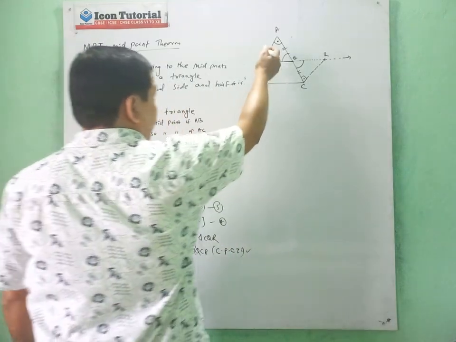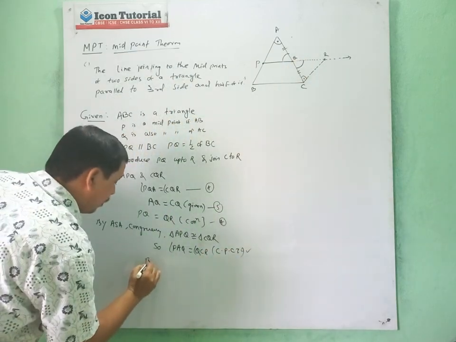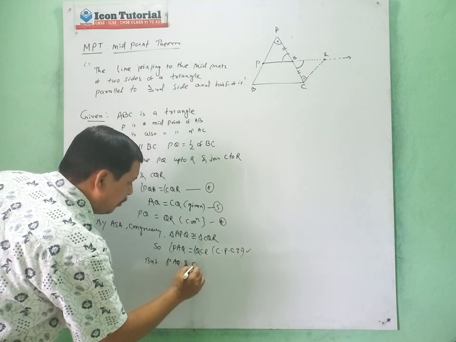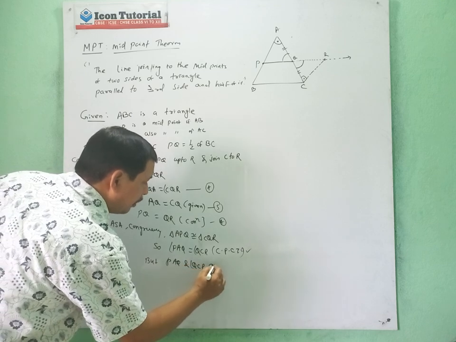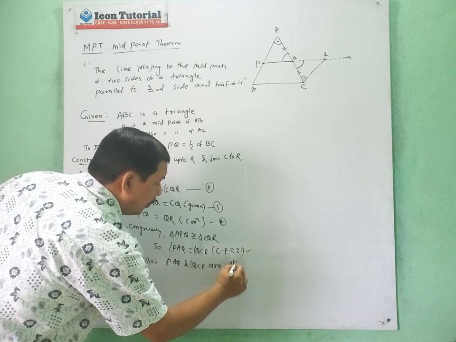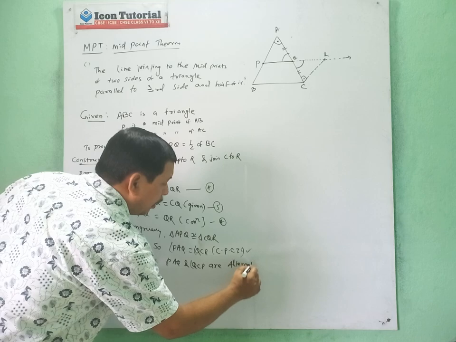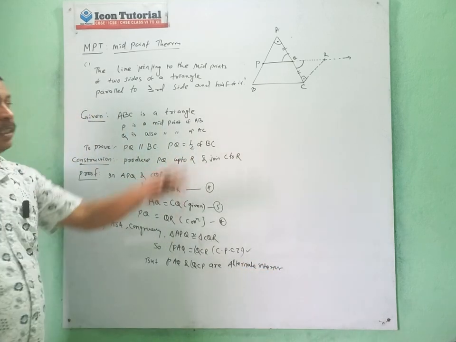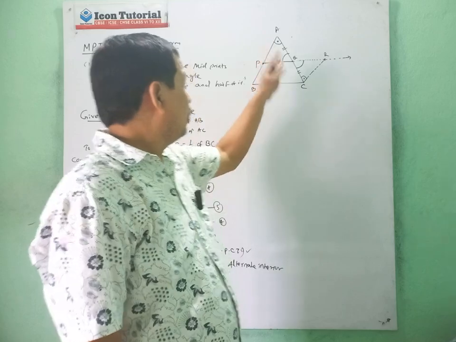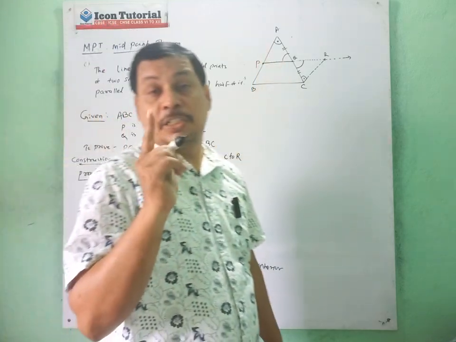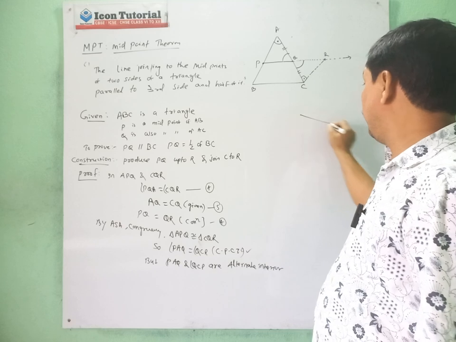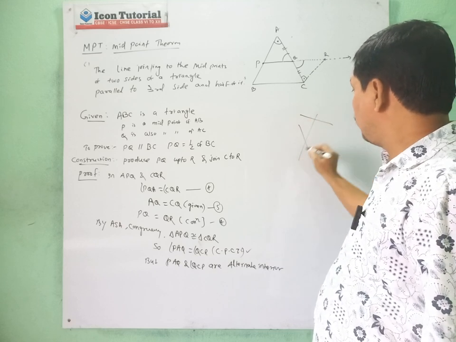Now PAQ and QCR are alternate interior angles, right? We know that when alternate interior angles are equal, then look here, two lines are there and a transversal.